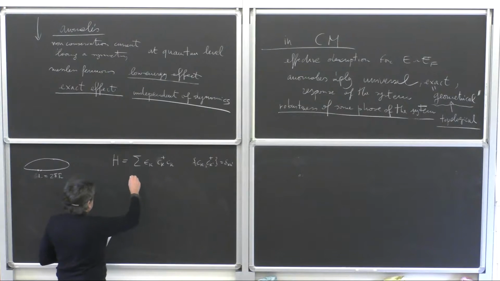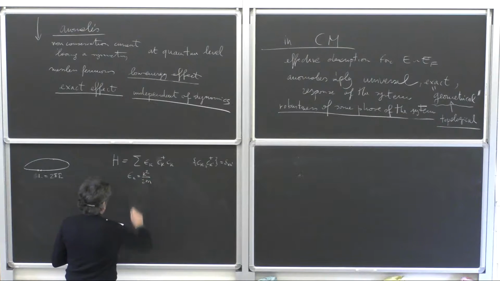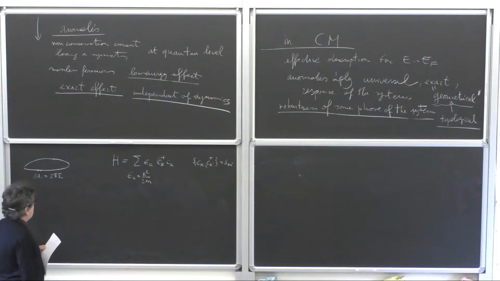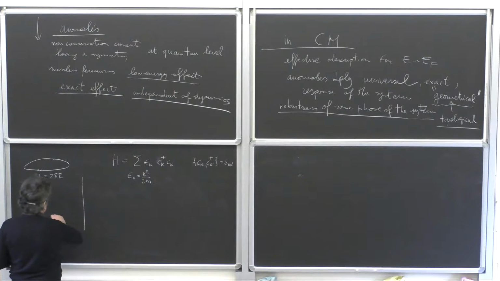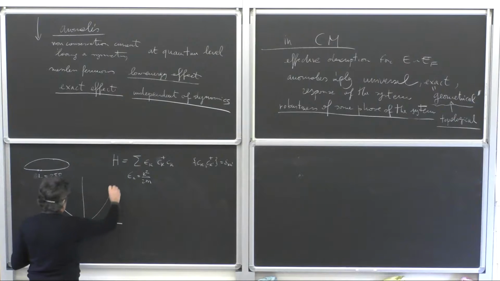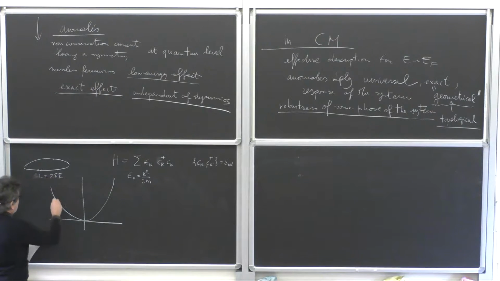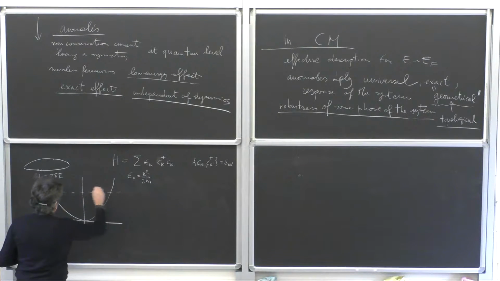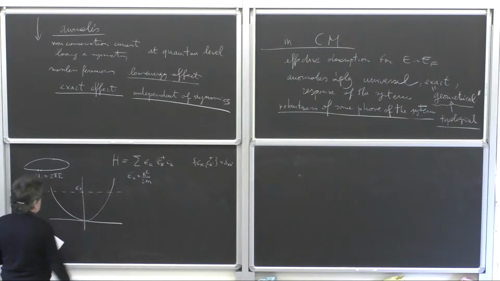So we take a free theory. Okay. If it is so, what do you do? You take a Fermi surface, and you fill up to a Fermi energy.